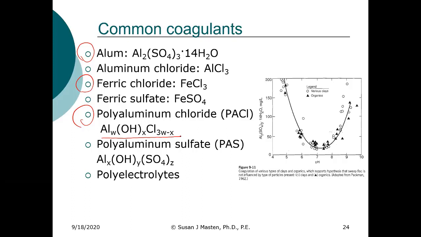It changes with manufacturer formulation, but these are typically the most common. And then polyelectrolytes are most often added as a coagulant aid, where we're trying to improve coagulation beyond what we can achieve with either one of these coagulants.